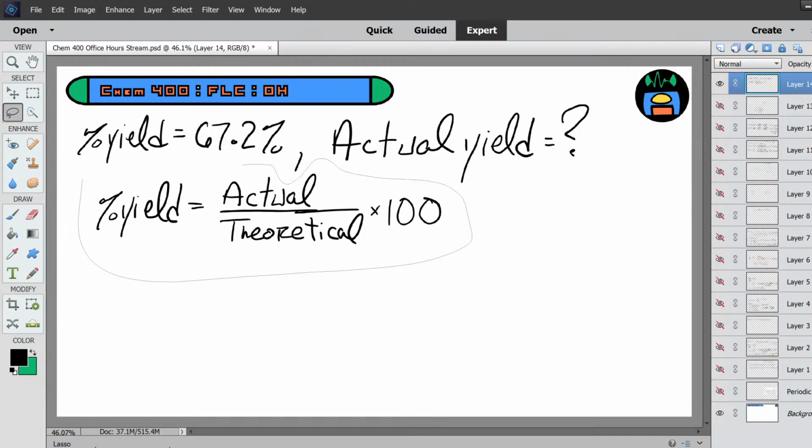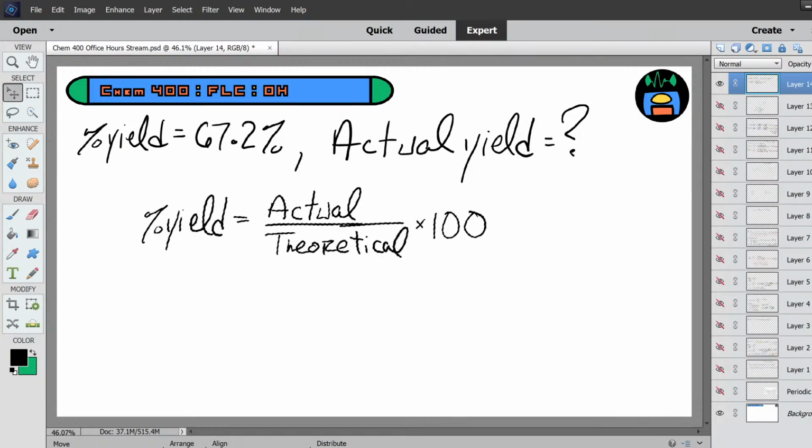And when you look at this equation, we have been given the percent yield, right? We are literally just given the percent yield right here. But then we found the theoretical yield in part B. So we have the percent yield, we have the theoretical, we can solve for our actual yield.